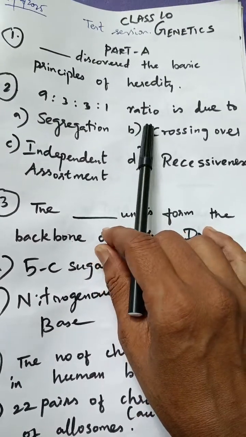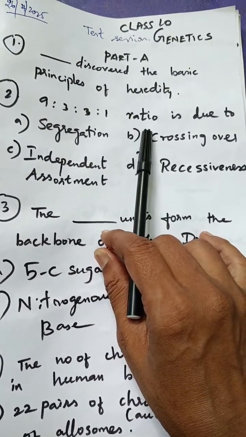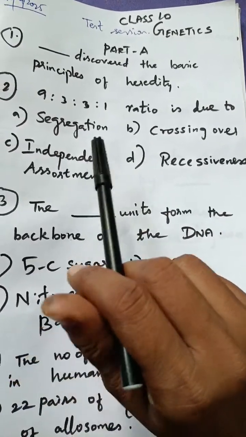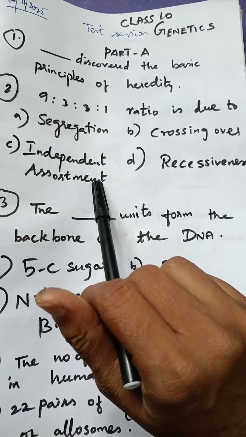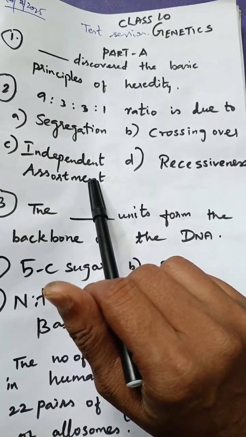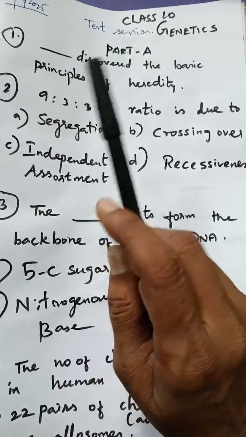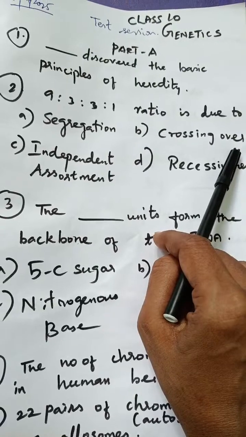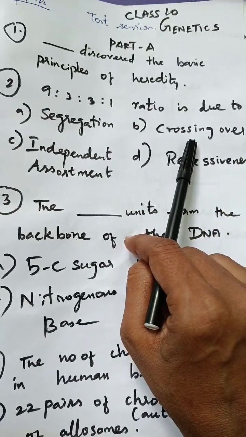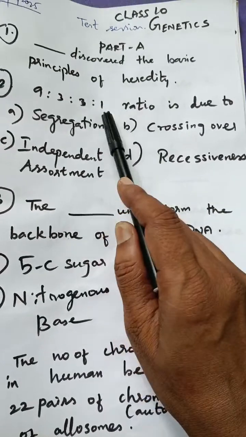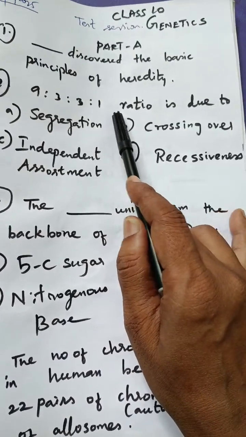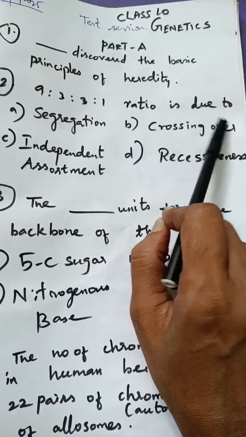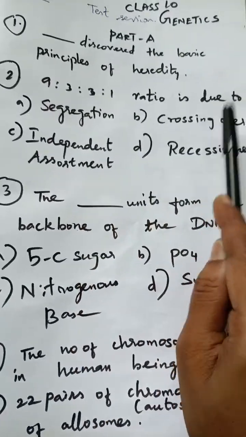Mendel did his dihybrid cross by crossing 2 or more traits: yellow round seeds with green wrinkled seeds. So 2 or more characteristics were selected by Mendel during his pea plant experiment, and he derived the 9:3:3:1 ratio.